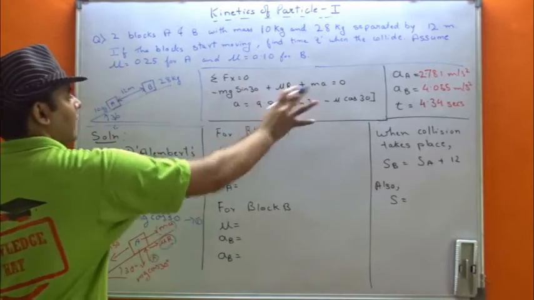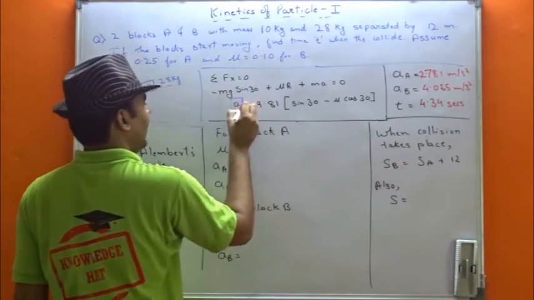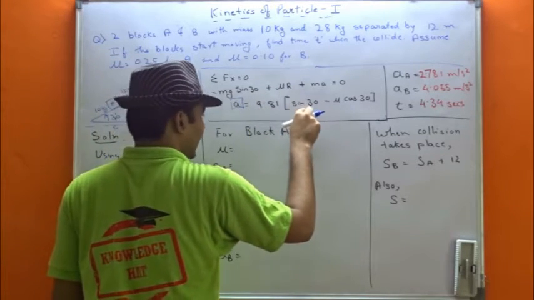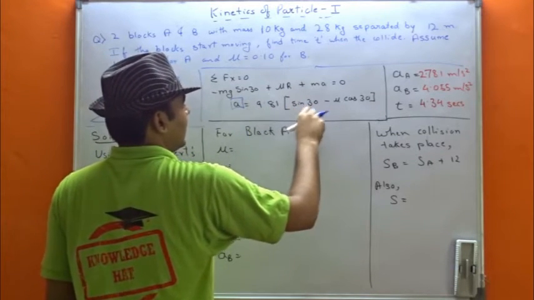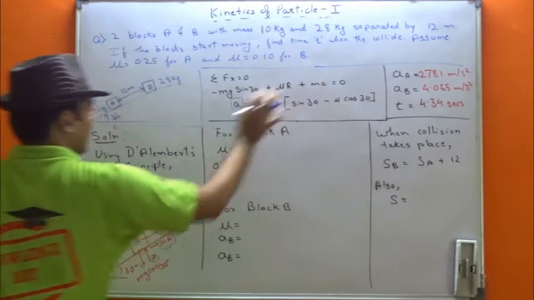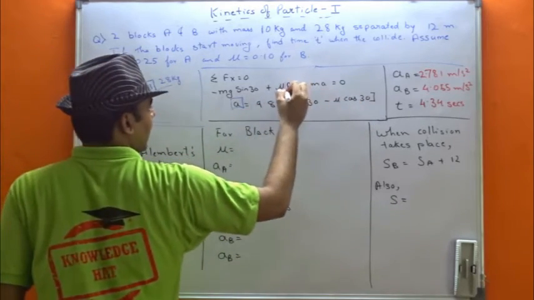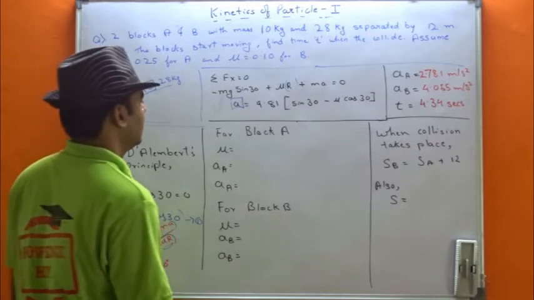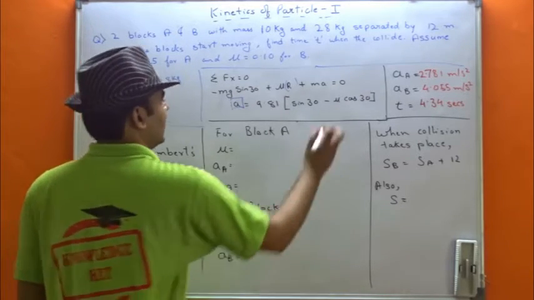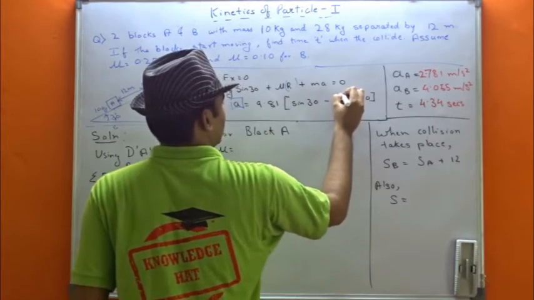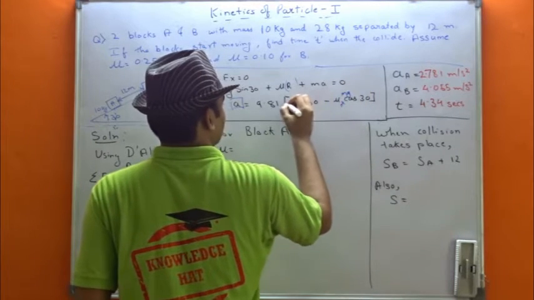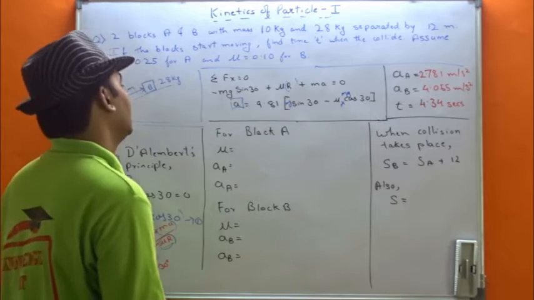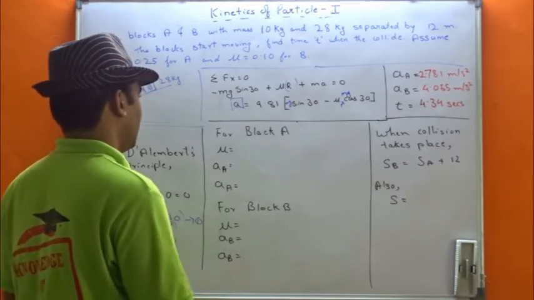By shuffling these things, we get the acceleration A equal to 9.81 into (sin 30 minus mu cos 30), where we have used the value of R from here, which is mg cos 30. Or we can substitute the values as well if required.